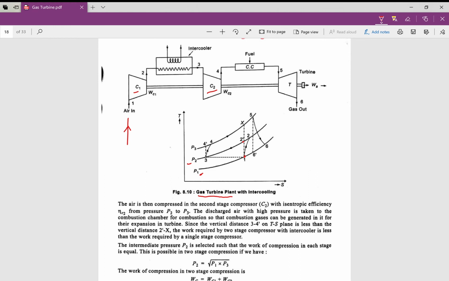If you go through actual compression, it is now 1 to 2. This continuous line is mentioned for the actual condition, 1 to 2. 1 to 2 dash, this point is your 2 dash, that is theoretical compression, we call it isentropic compression.